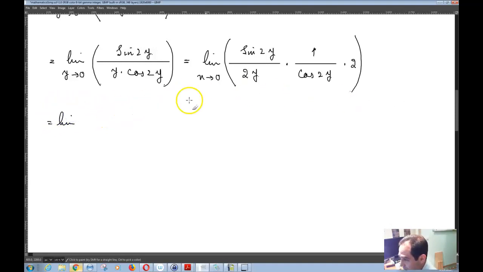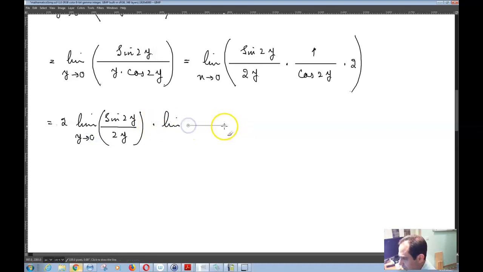I can write this as the limit of, well, this is of course a constant, the constant 2, I can take it out. 2 times the limit of sine 2y over 2y as y tends to 0 times the limit of 1 over cos 2y as y tends to 0.